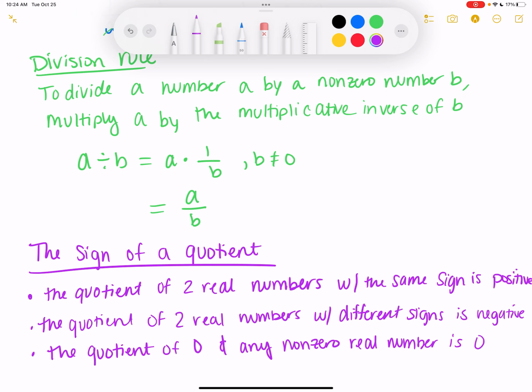So in terms of signs, these follow the same rules as multiplication. So same sign positive, opposite signs negative. So if you know the rules for multiplication, rules for division just follow.